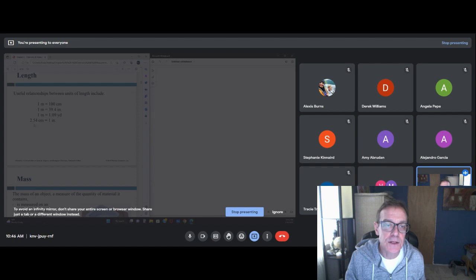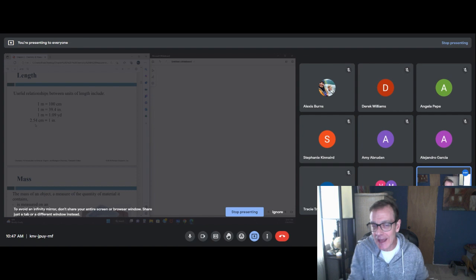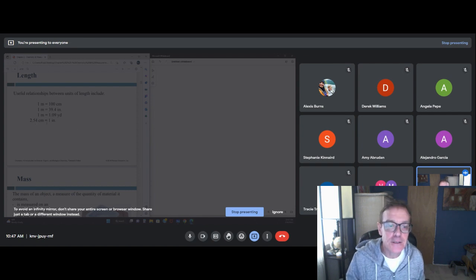Okay, and 2.54 centimeters per inch. So that's a good one to remember, 2.54 centimeters per inch, as you're getting used to converting these things in your mind. And this isn't even chemistry or science skill, this is just life skill.